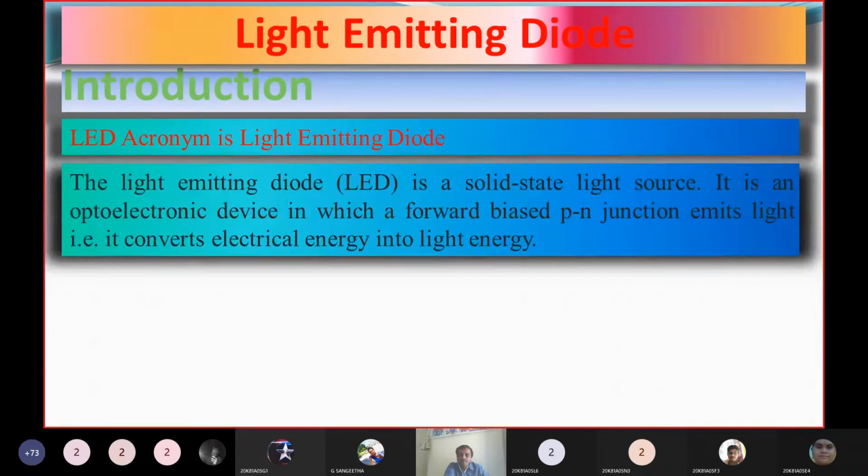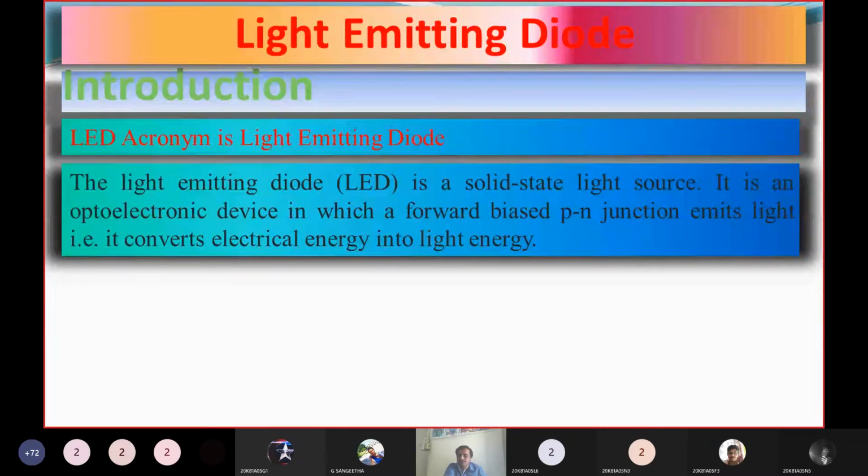It is an optoelectronic device in which a forward biased PN junction emits light. It converts electrical energy into light energy. So this is a solid state device, connected as a forward biased PN junction diode. So LED is nothing but a forward biased PN junction diode.